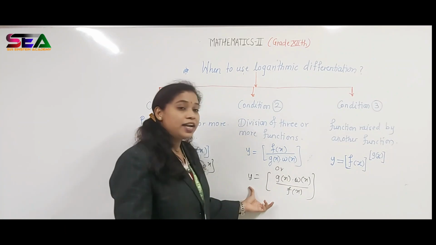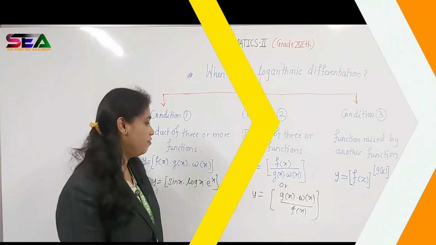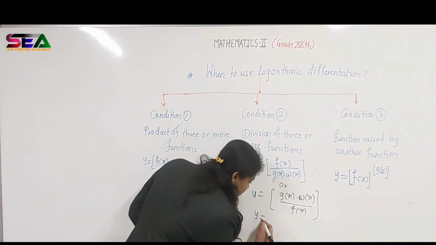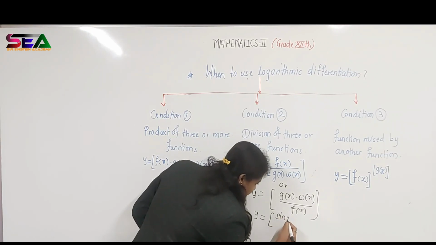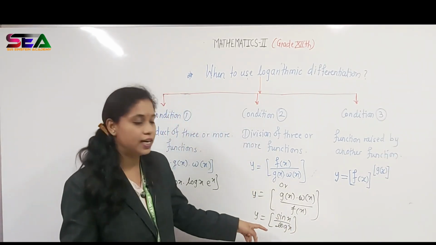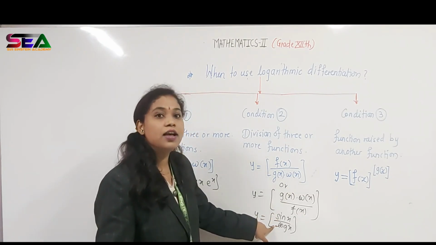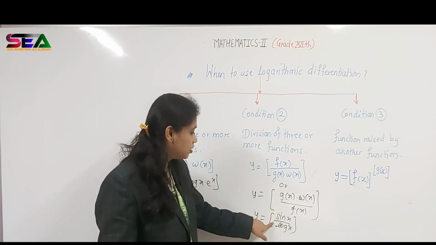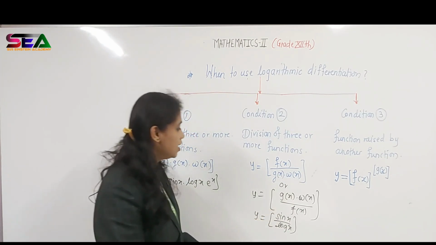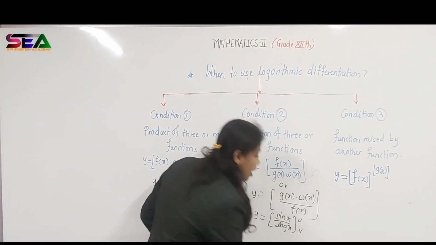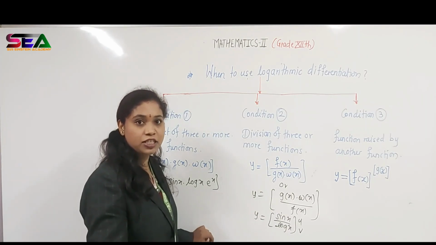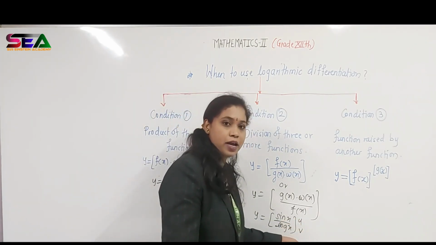Okay. Why is it so? Again, if I have my y function is equal to sin x upon log x, then we observe that it is a division of two functions, sin x and log x. When there is a division of two functions, we can easily use the rule u by v. Hence, it is differentiable with the quotient rule u by v.